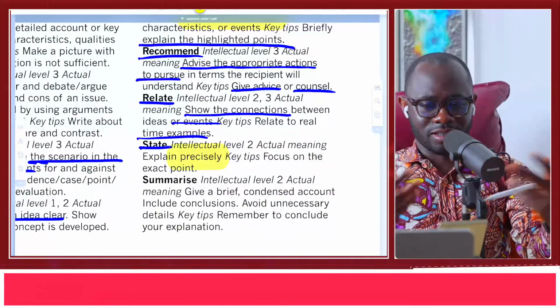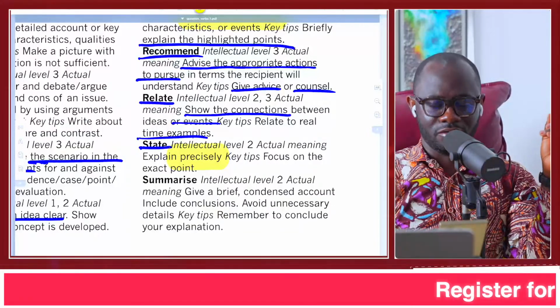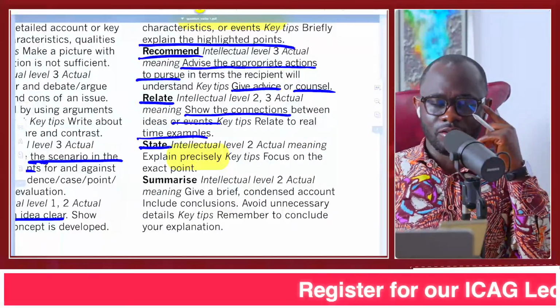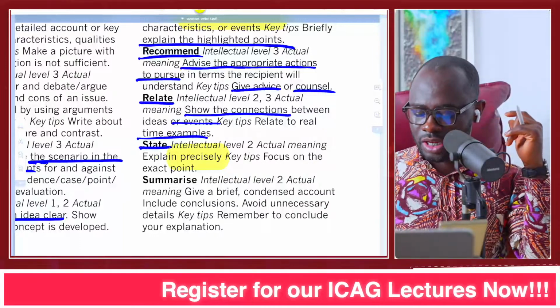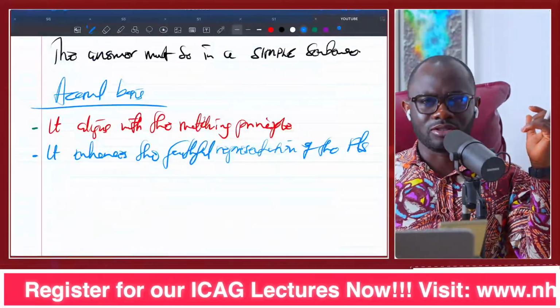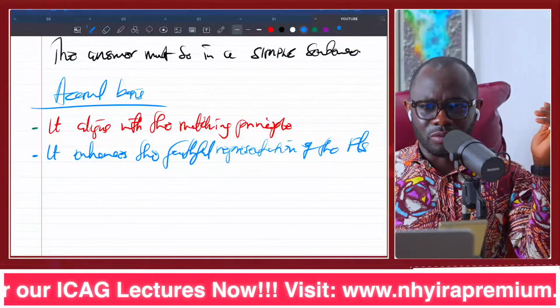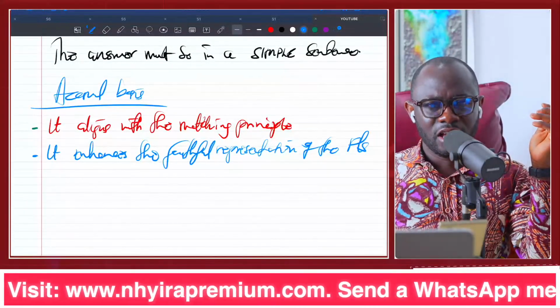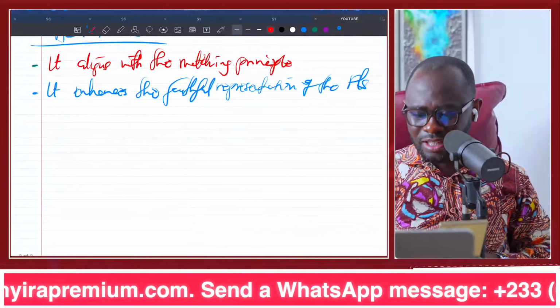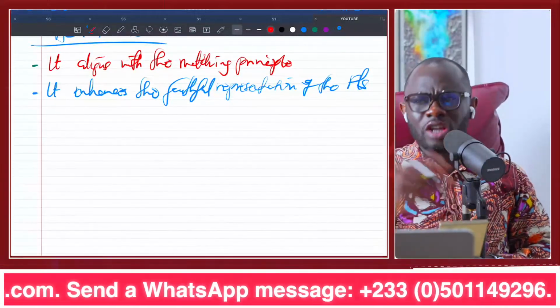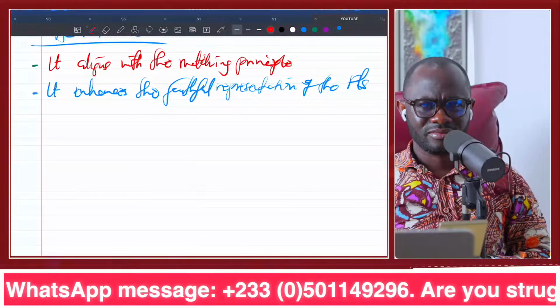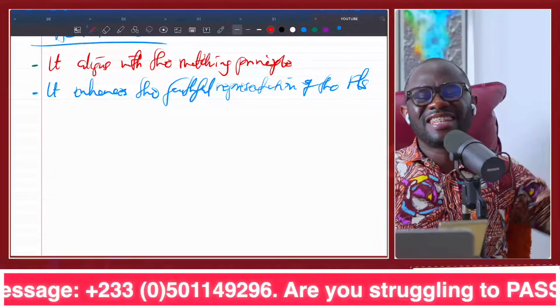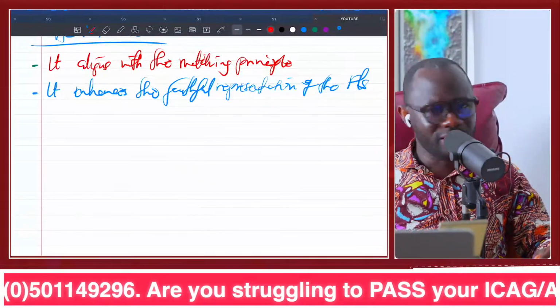I've had this even with my students several times, even this particular diet for the March 2025 examination. Somebody will write something, then I'll say it's wrong, or that's not what you're supposed to do. And the person says, oh, but the question said you should state. So they just write a phrase, not even a phrase, maybe a word. Then they say, the question said state.